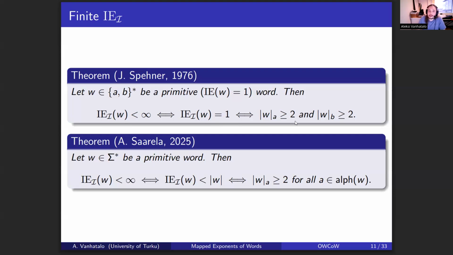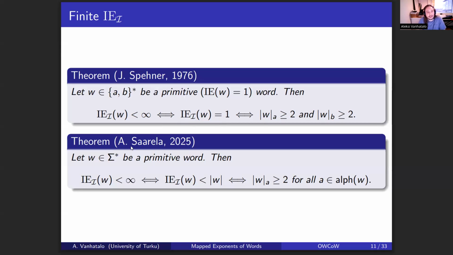And yeah, almost 50 years later, Sarah noted that we have a very similar situation, and obviously this notation was not invented in 1976, so I have collected the theorem to fit our notation here.